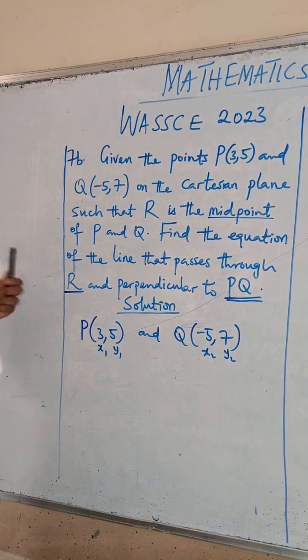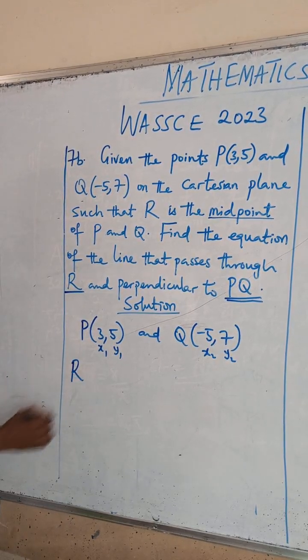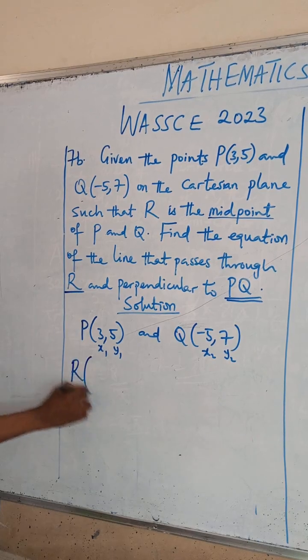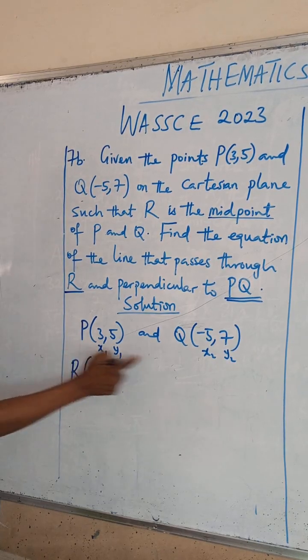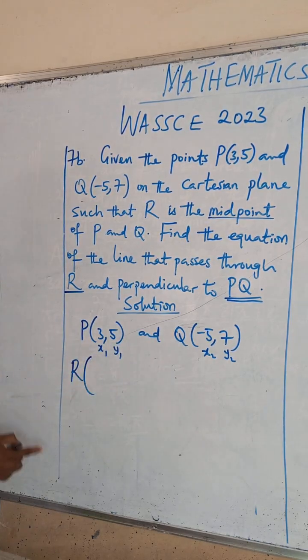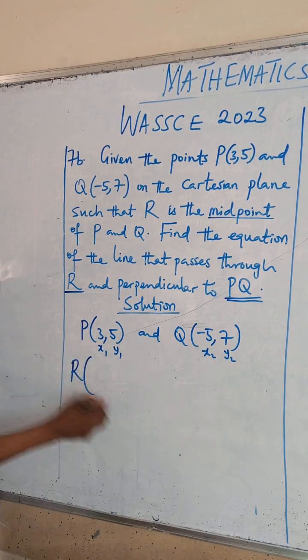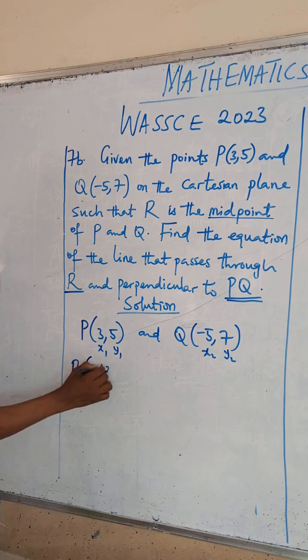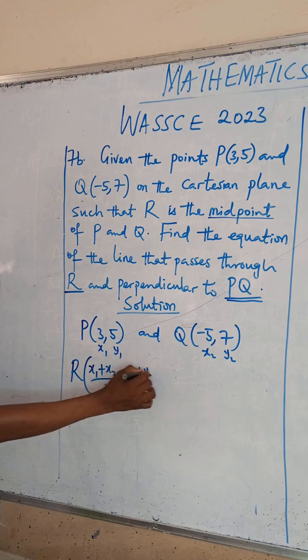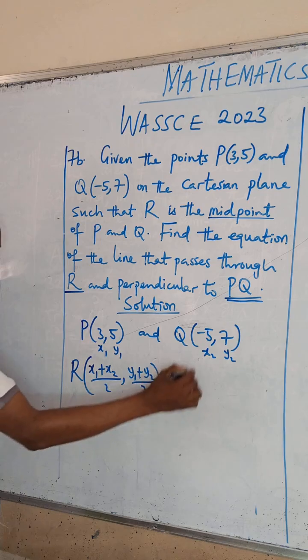They told us that R is the midpoint of P and Q, so I need to get R. To find the midpoint, we take the average of the x's, that is (x1 plus x2) divided by 2, comma, the average of the y's, that is (y1 plus y2) divided by 2. So that is the midpoint.